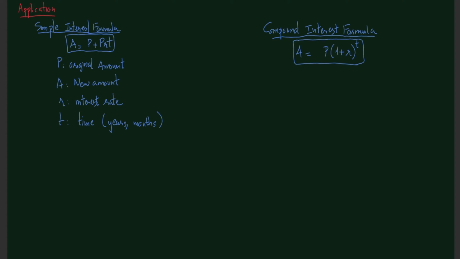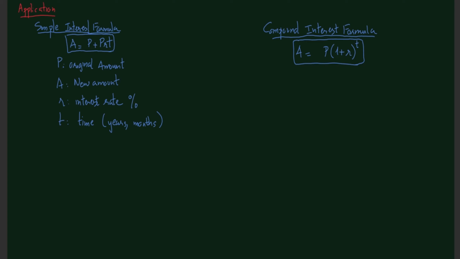Okay. So A in this case again is still the new amount. R is the interest rate in decimal form, of course, because it's the rate. For example, like 3%, over here I'm going to put in percentage, and every time we have a percentage you divide by 100, right?